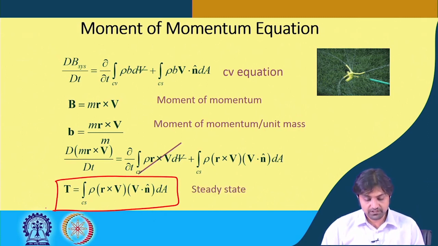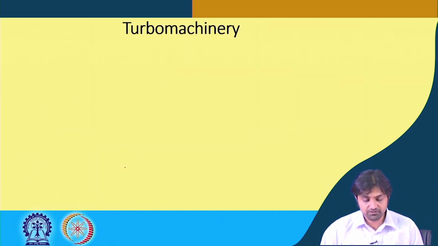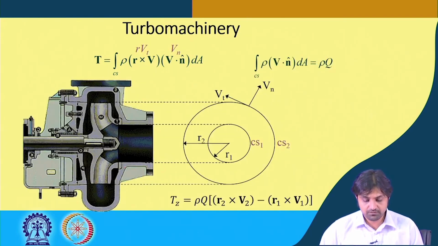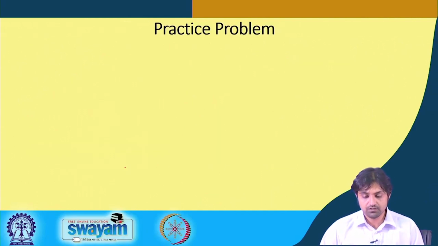This is for steady state because del t is 0. We are not going to do the analysis. One of the examples of moment of momentum conservation in real life is turbo machinery, but I am going to skip this for your convenience.